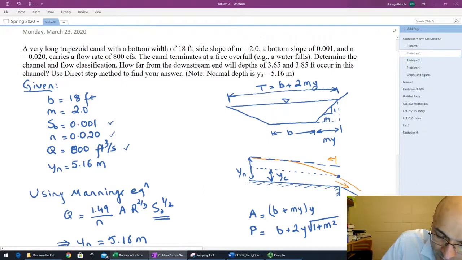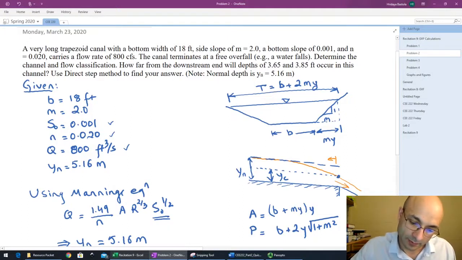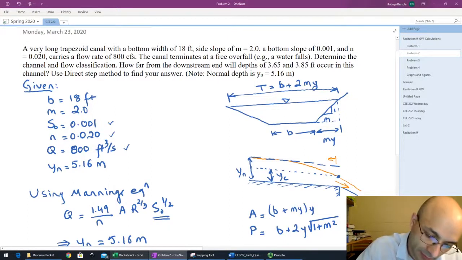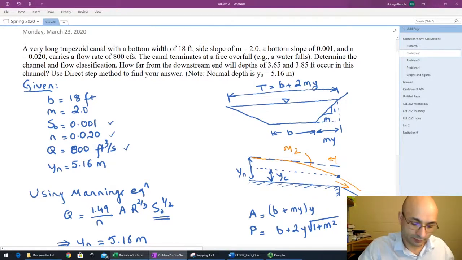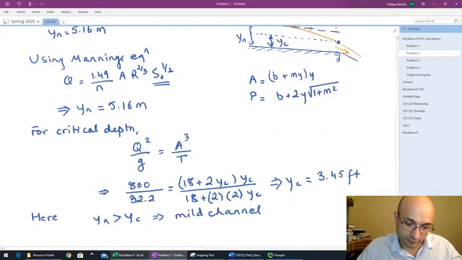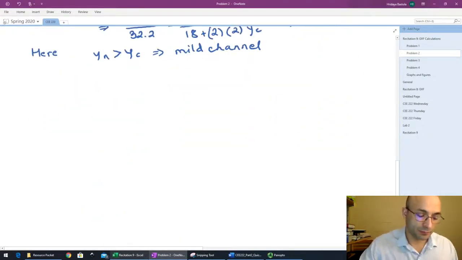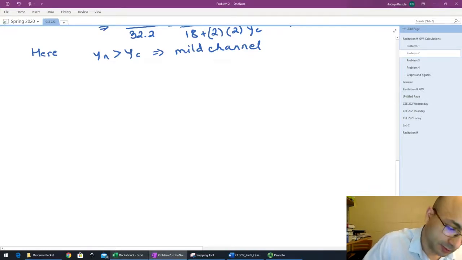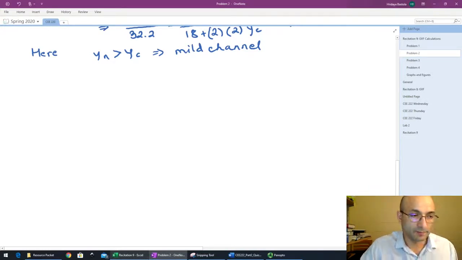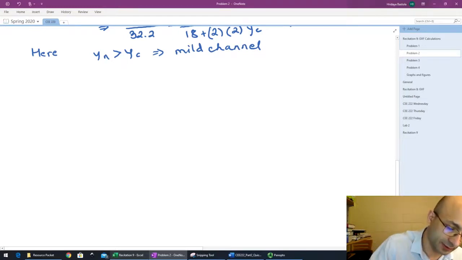So this is what the flow looks like for this problem. This curve here is going to be M2 curve. Just like the last problem, the equation that we use for direct step method comes from energy conservation.